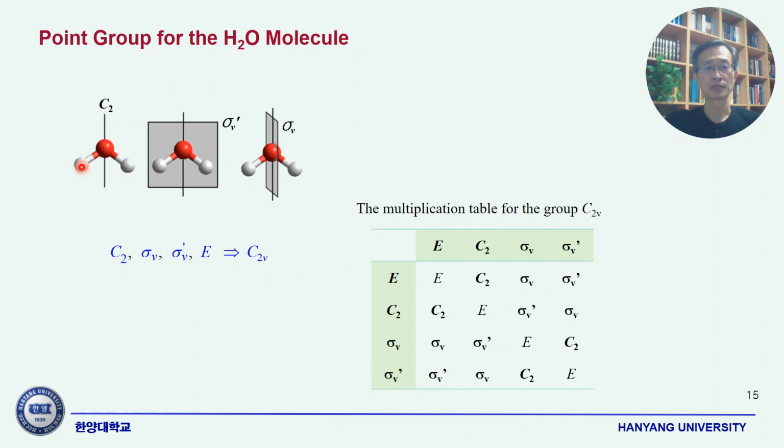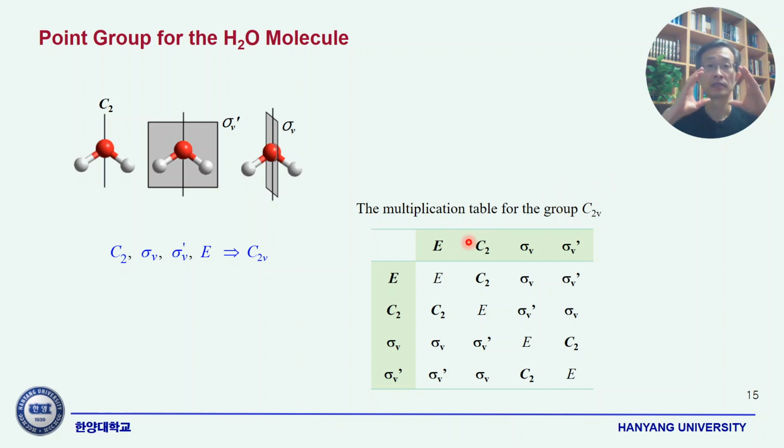If you do the C2 operation, it was here, and then sigma V brings it back, which is actually the same as E. But if you do the sigma V prime operation, it was here, and then just the same. So actually C2 and sigma V prime are the same. So C2 times sigma V is sigma V prime. Okay, this is the way we construct this multiplication table for any symmetry group.